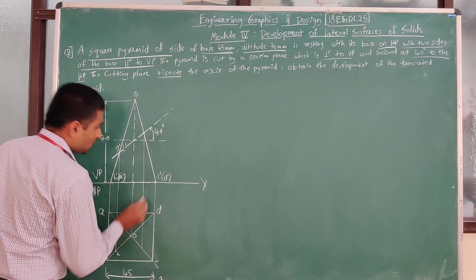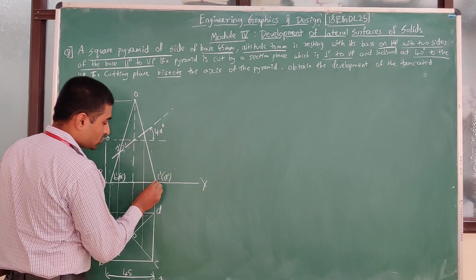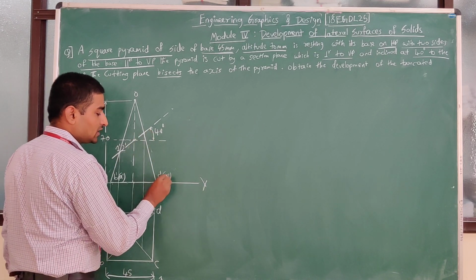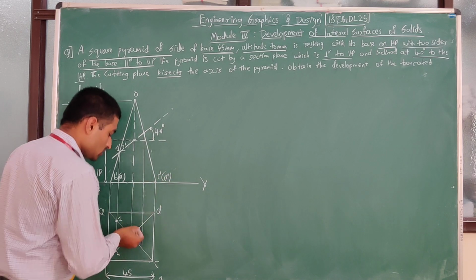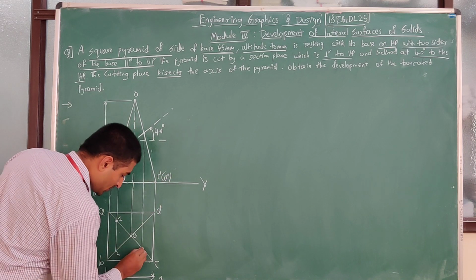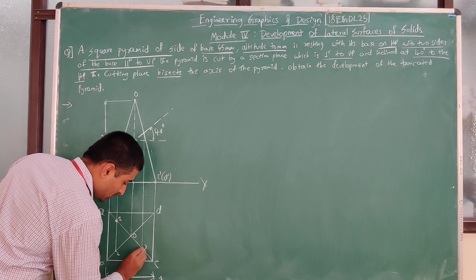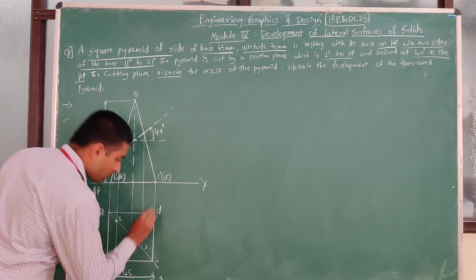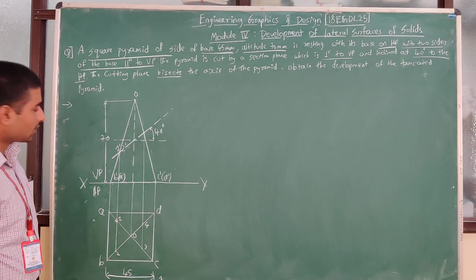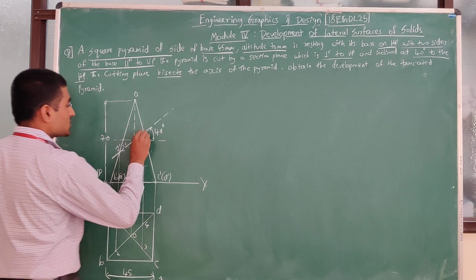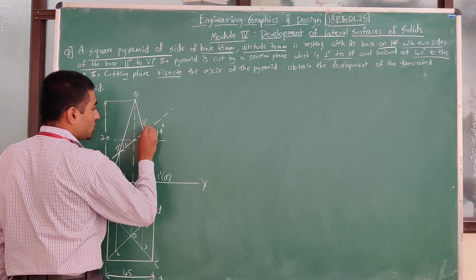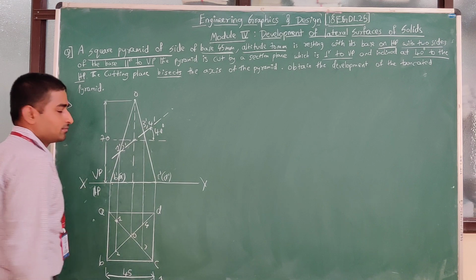Now on this respective edge, C dash and D dash, both edges are overlapping, so the same point will be there. After 2, this point will be 3 and this point will be 4. Clear? Okay, so I am going to name these points as 3 dash comma 4 dash.